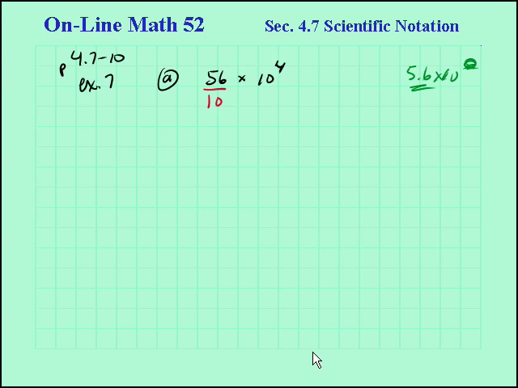And dividing 56 by 10, like if you had $56 and you had to split it amongst 10 people, you just divide it by 10 and we get one decimal place reduced. It would be 5.6. But because we don't want to change the value, dividing by 10 has made a smaller number.